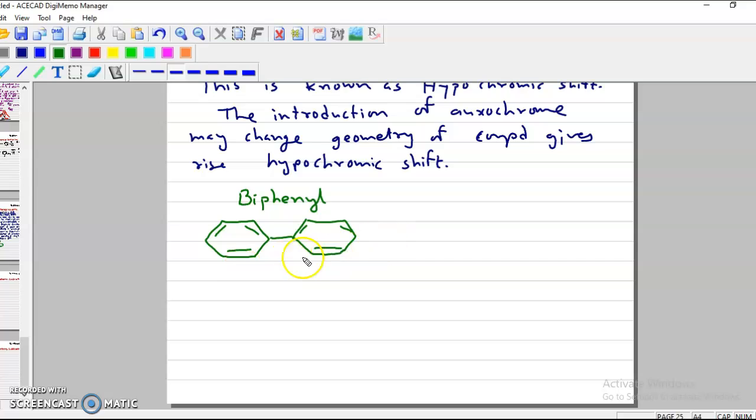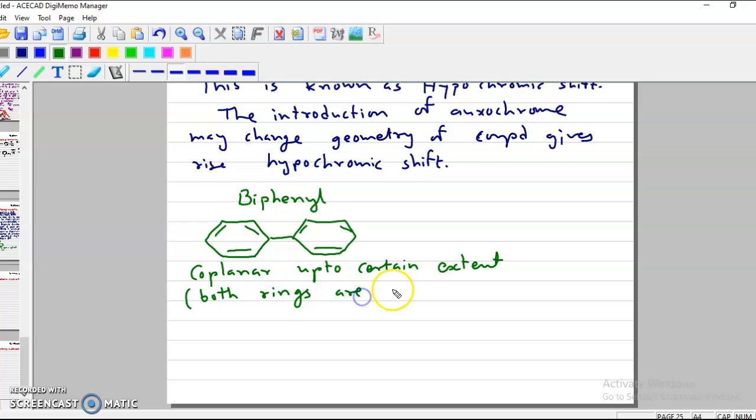So we call them coplanar structure up to a certain extent. That means both rings are at a 45 degree angle.